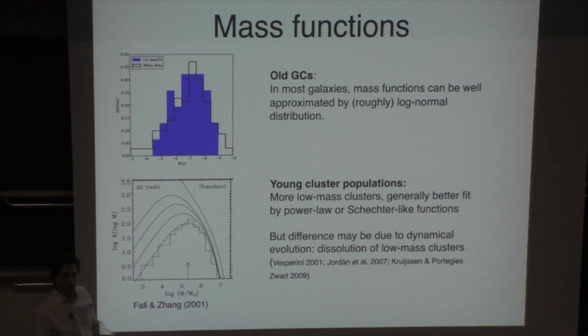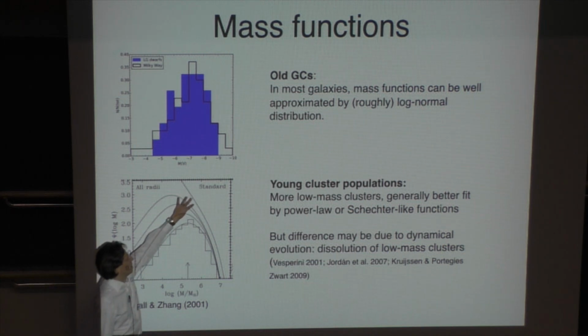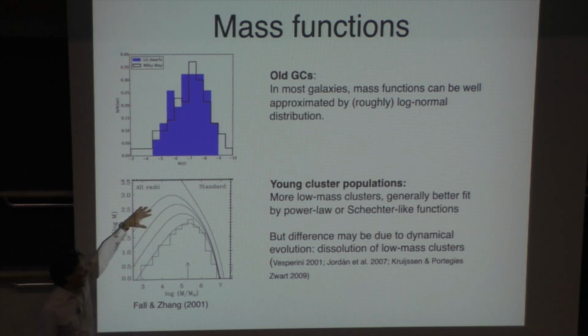So over a Hubble time, you can probably erode away this low mass tail, and then you can end up with something that looks very much like the mass function that you see in the old globular cluster systems. This is painting with a very broad brush. This is not saying that all the details of this picture are completely understood. But I think that as of 10, 15, 20 years ago or so, there was more or less a consensus.